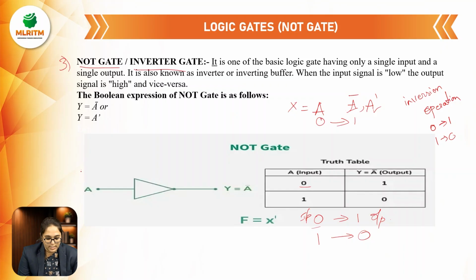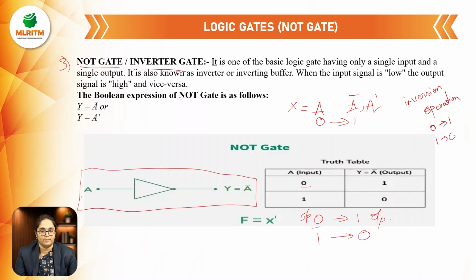The graphical or symbolic representation of an inverter gate, that is the NOT gate, is a triangle with a bubble, which results in an output x equals x bar. Only one input is given here, and for this input you are making a reverse.